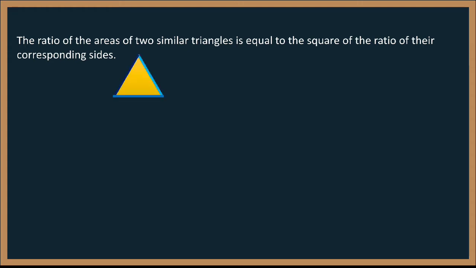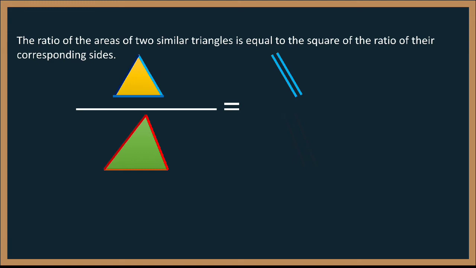So if I have this triangle, which is in yellow color with blue borders, and a green triangle with red borders, these are two triangles, and if I divide their areas, it will be equal to the square of those sides. For the yellow triangle, my sides are in blue color, right?